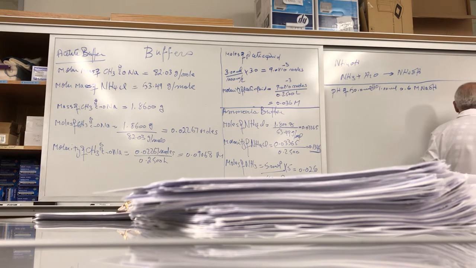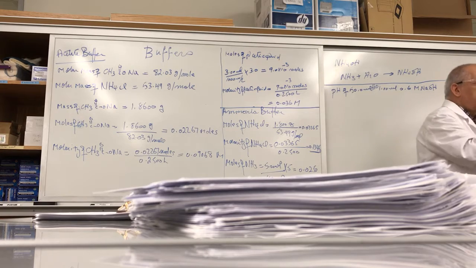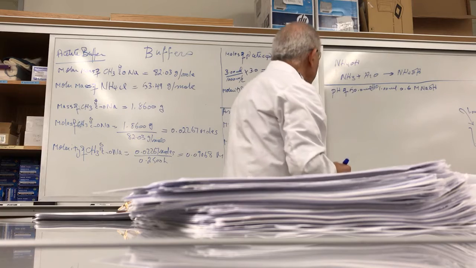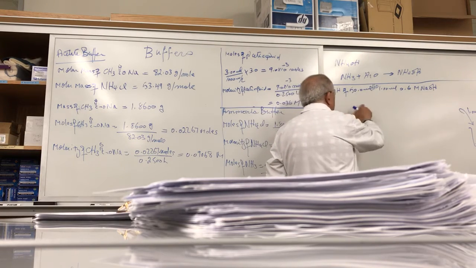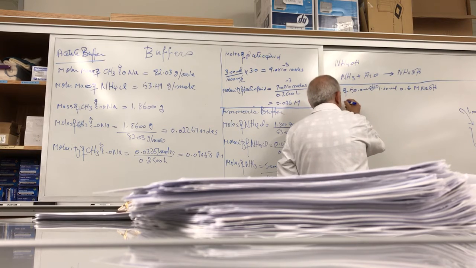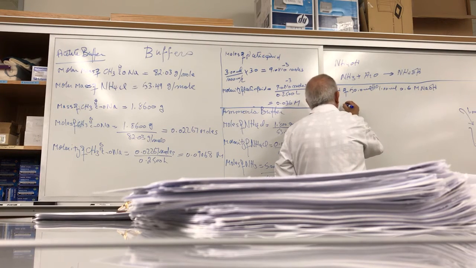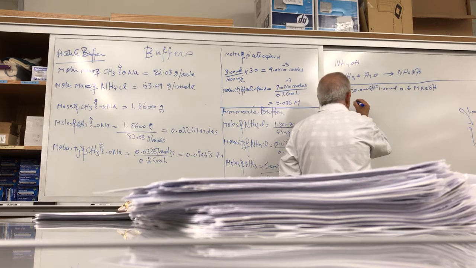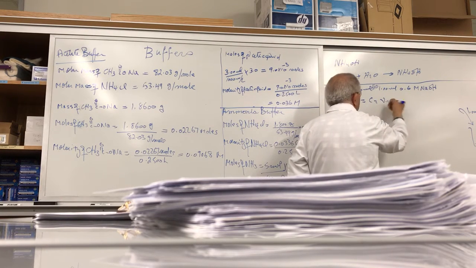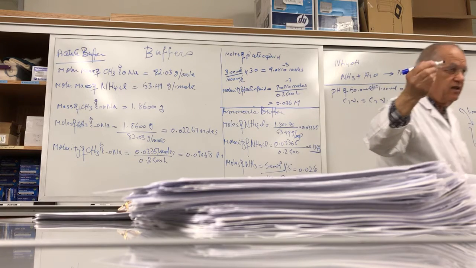We mix it and we measure the pH, but now we do the calculation. So you just apply that and find your molarity, using C1V1 equals C2V2, because it's a dilution here, right?